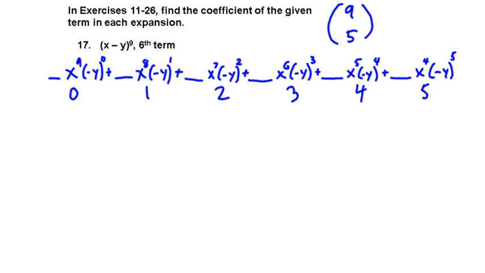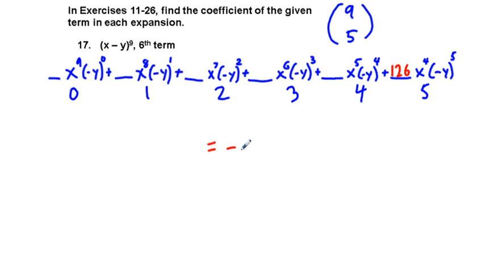So 126 goes right here, and what we have, just writing this down below, is this negative y. Well, a negative to an odd power is going to retain the negative sign.